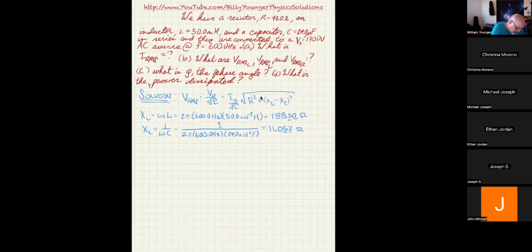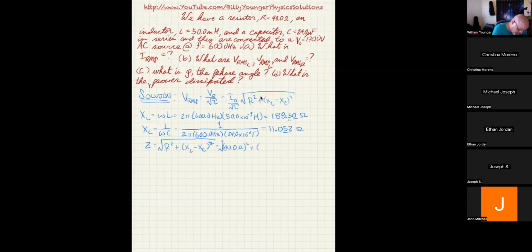So now I can finally say that Z, the impedance, which is equal to the square root of R squared plus XL minus XC squared, I can say that is equal to the square root of the resistance is 40.0 ohms. I'm going to square that.